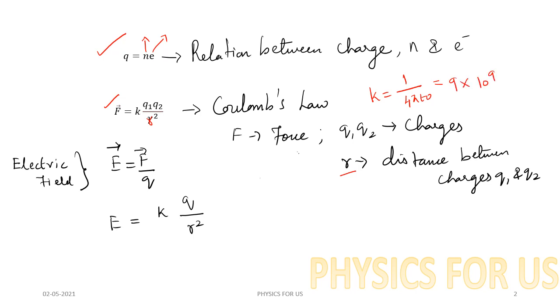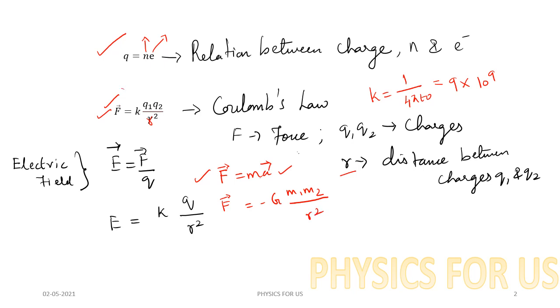There are other formulas related to force: F is equal to ma, and please note F is a vector and a is a vector. Also F is equal to minus G m1 m2 divided by r square.